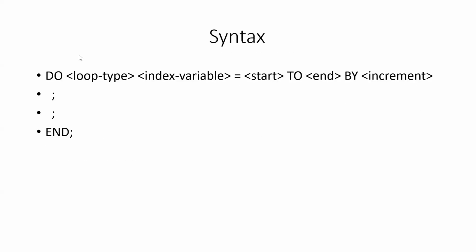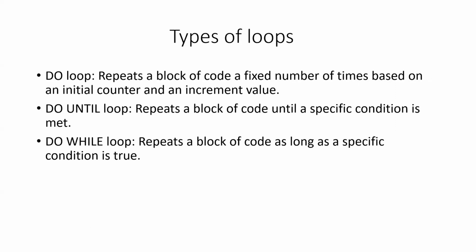So there are three types of loop. I have mentioned after do, you have to mention the loop type, right? One is do. For do, you have to give the starting number and the increment value, the initial counter and the increment value.